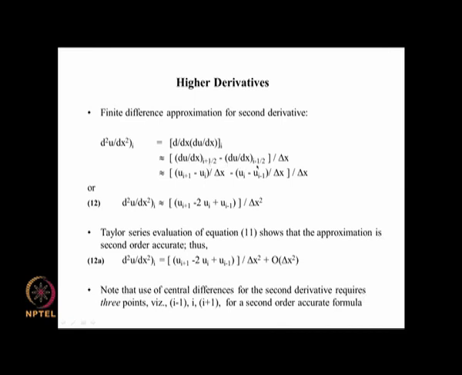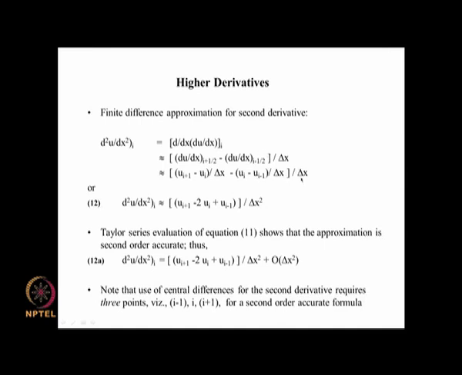Similarly, du by dx at i minus half can again be represented using central differencing around the point i minus half. To the left of i minus half is ui minus 1, to the right of i minus half is ui, so ui minus ui minus 1 divided by delta x. So this whole thing is the approximation for du by dx at i minus half, and this whole thing is divided by delta x.